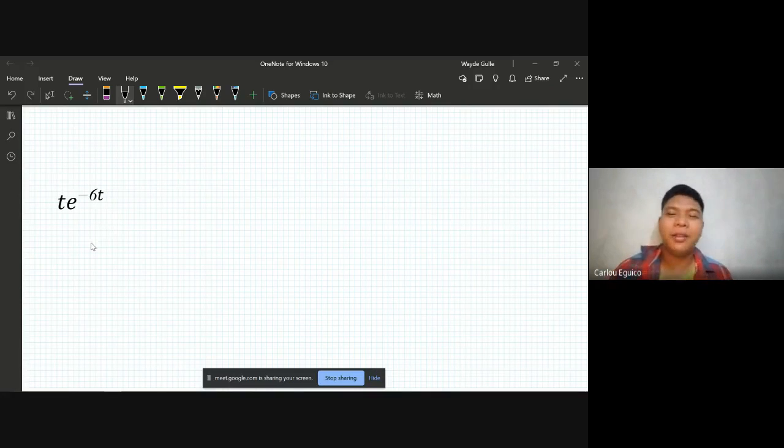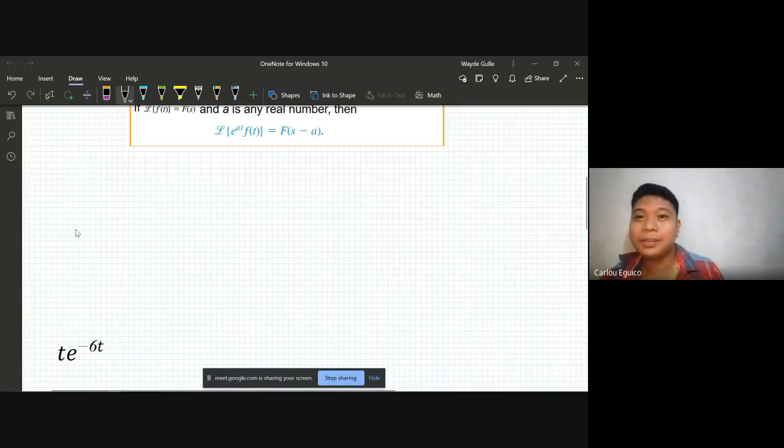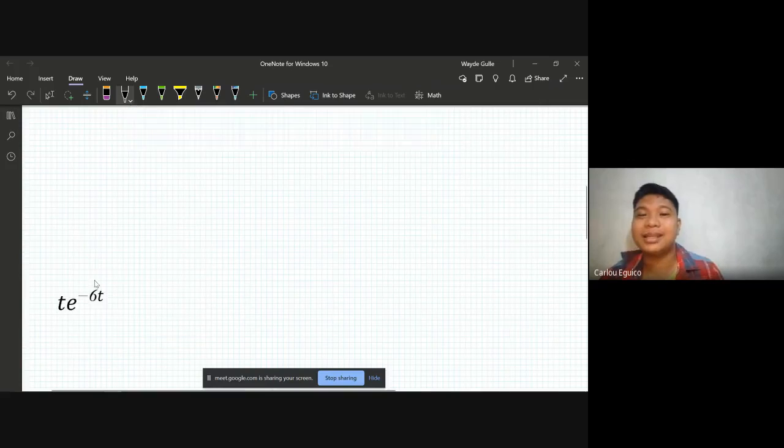So let's identify first our given. We have e raised to negative 6t. According to the theorem, F of s minus a, so our a is negative 6.